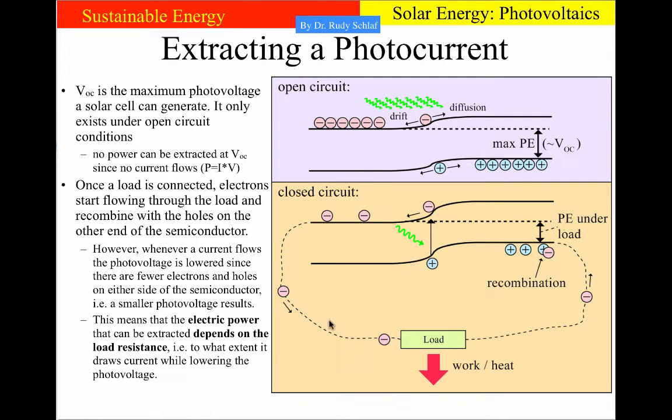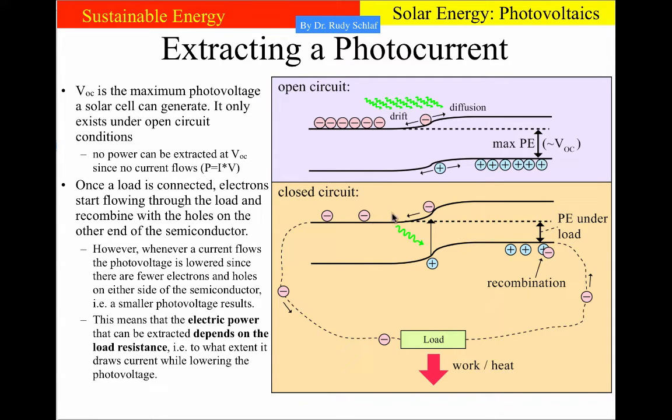Once we connect the load now, the electrons flow through the load, and here they recombine with holes on the lower energy side of this solar cell. Now we have a race between the photons that come in and generate electron-hole pairs and the current that is permitted through the load. The current, of course, depends on the resistance of this load, and this load then performs some work or simply heats up.